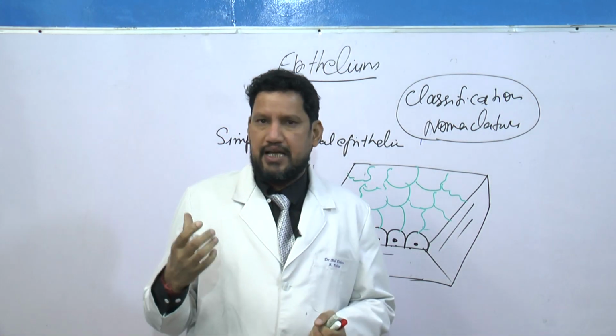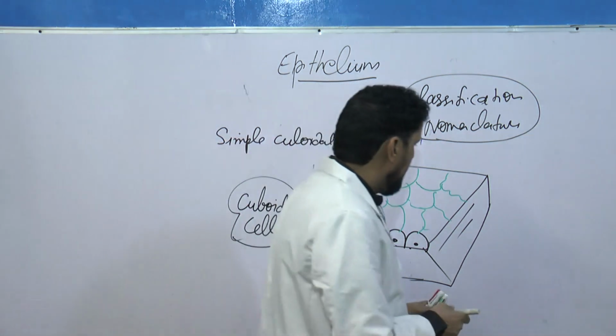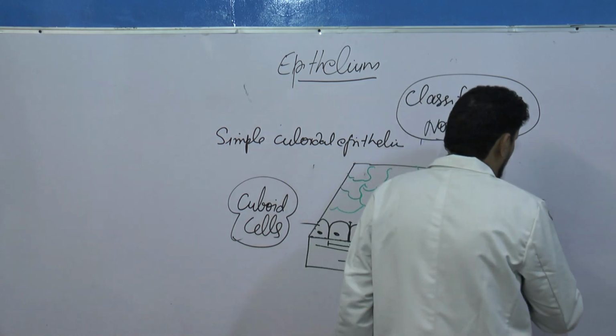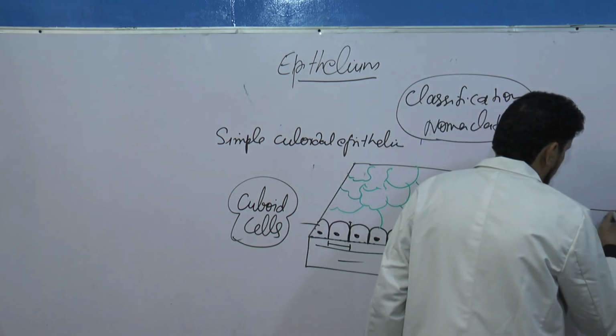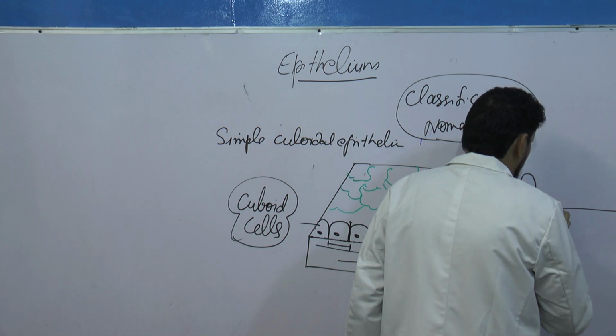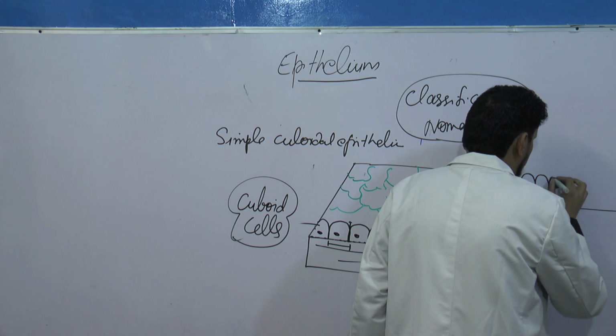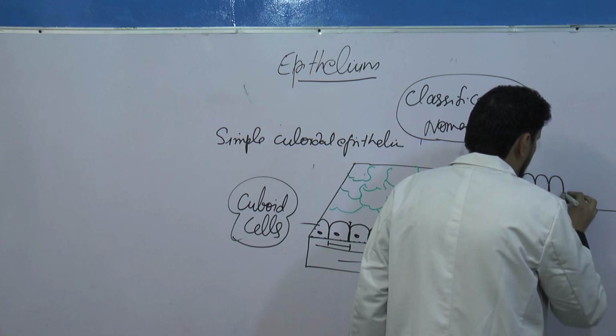The third primary type of cell, where height is 2 to 5 times more than the breadth of the cell and forming the columns.